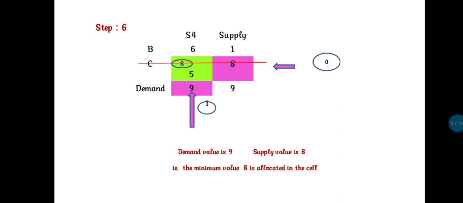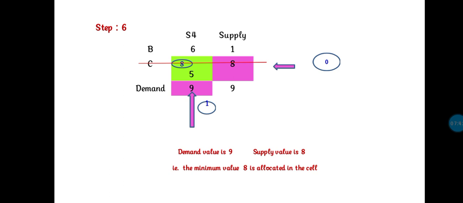Finally, we came to step 6. Here only one least cost is available. That cell name is CS4. So we have to allocate the minimum value here. The minimum value of the demand and supply is 9 and 8. So here the minimum value is 8.